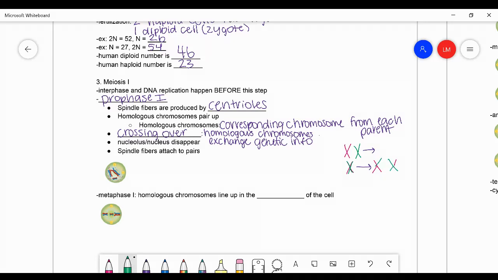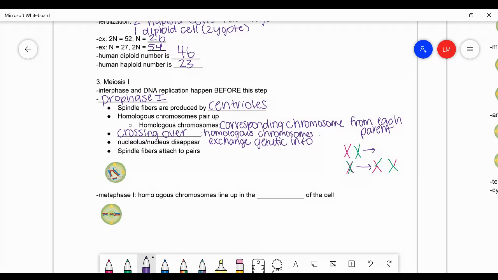So this is one of the reasons why the haploid cells that are made are not genetically the same. It's because crossing over happens where the homologous chromosomes are going to exchange bits and pieces. Okay, so now each chromosome is a combination of maternal and paternal DNA.